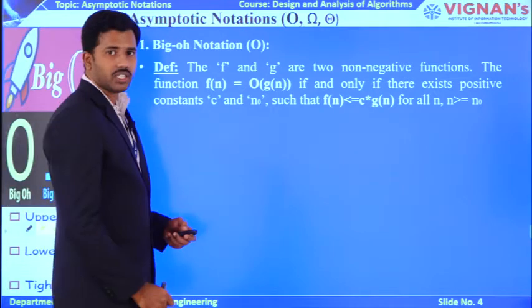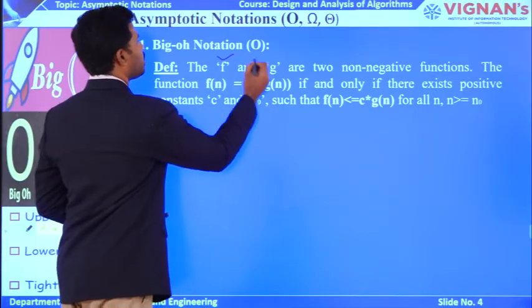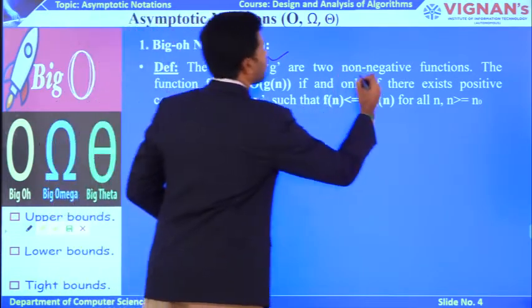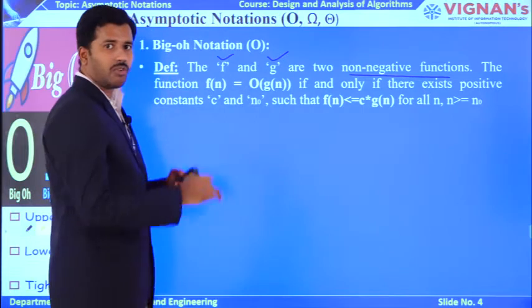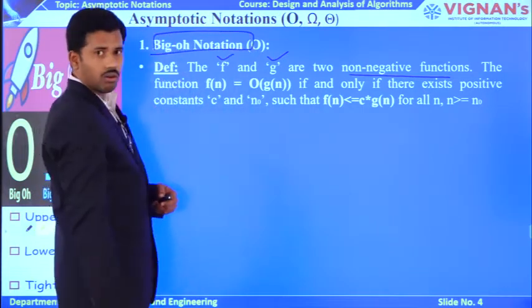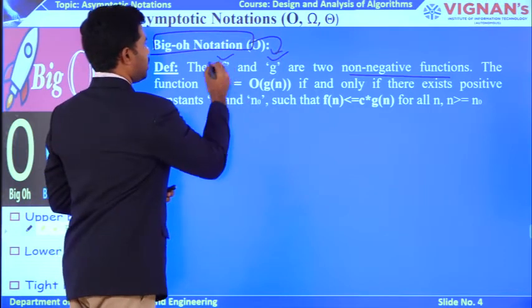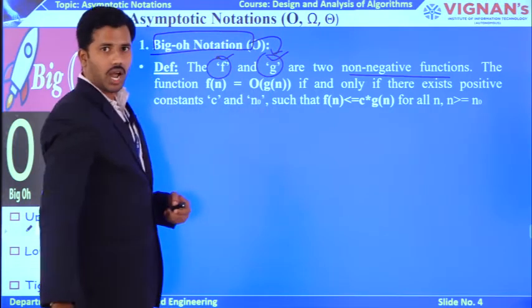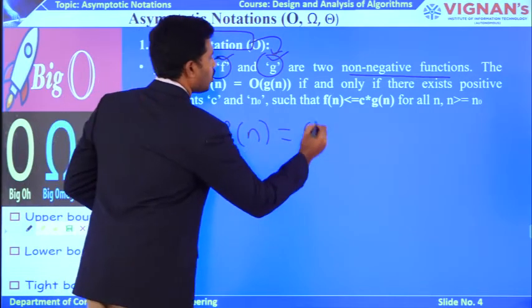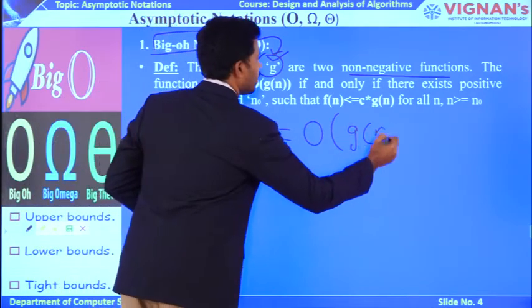What this definition is telling is, there are 2 functions named f and g, and these 2 functions are positive functions. If you apply the big O notation among these 2 functions f and g, ultimately the equation is going to be f of n equal to big O of g of n.